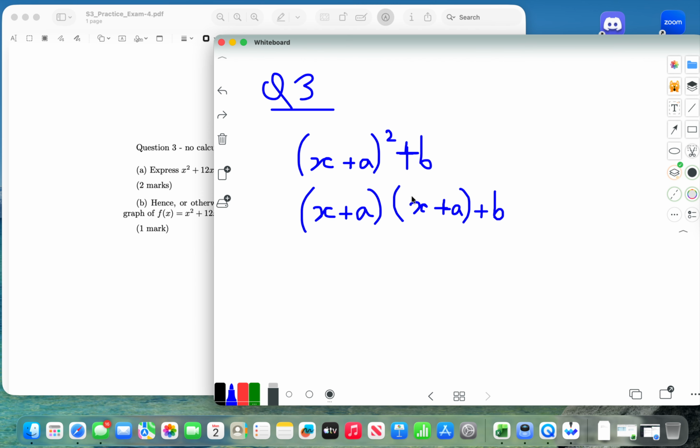So let's multiply each term in one bracket by each term in the other. So forget the plus b at the minute. Well, we get x multiplied by x gives you x squared. We then get x multiplied by a is ax.